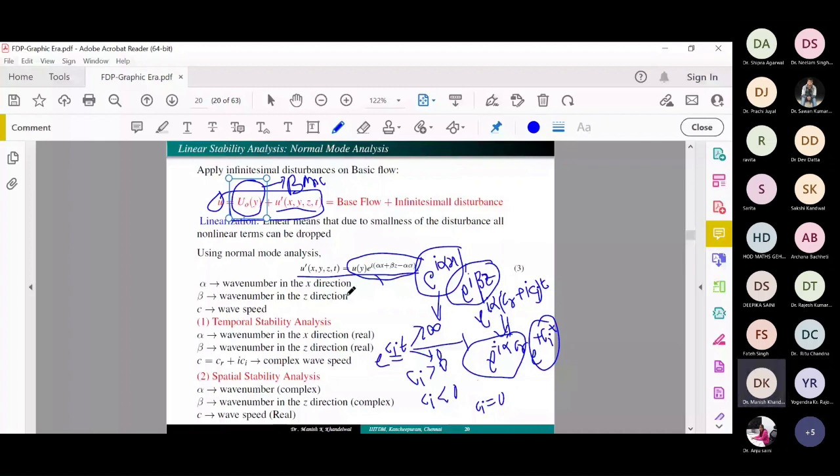This is the complete discussion with respect to the mathematics, and mathematics always gives a very clear-cut picture. This expression is finite only when ci is less than 0, otherwise not. If ci is greater than 0, the disturbance is going to amplify, and that flow is going to be unstable. So that is the complete picture.